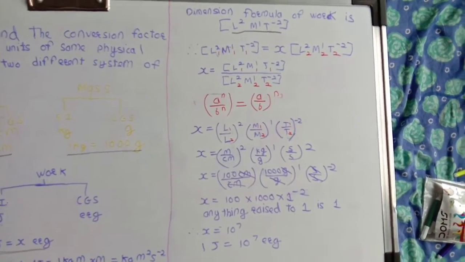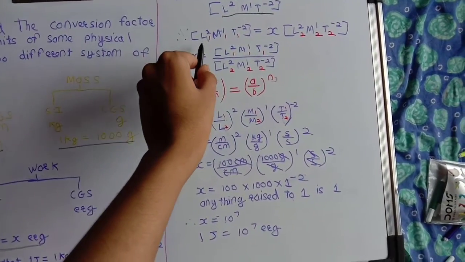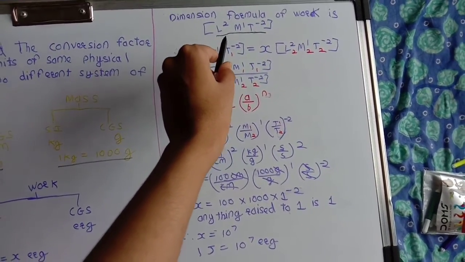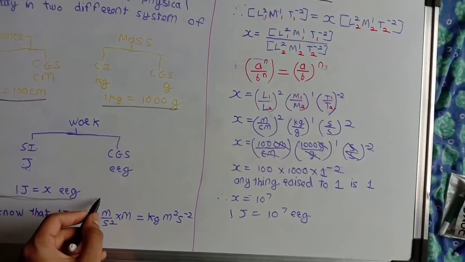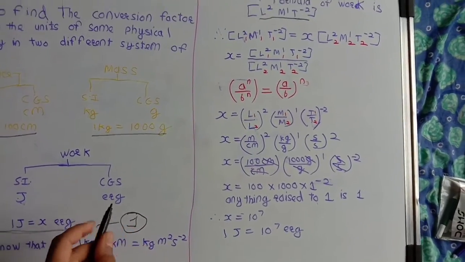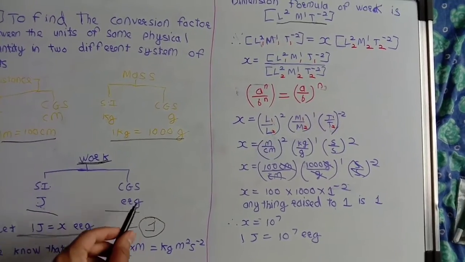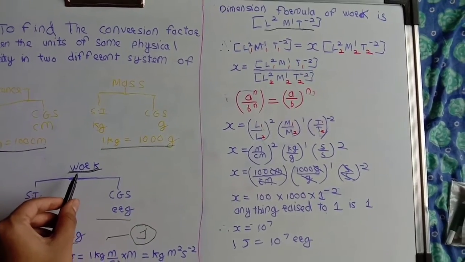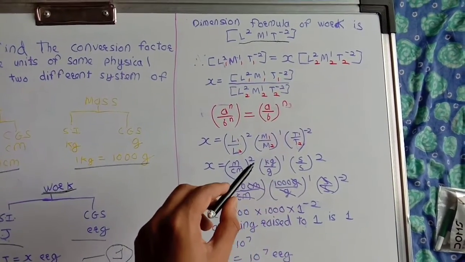Then we have to substitute this formula into equation 1. As joule and erg are both units of work, they will both have the same dimension formula.